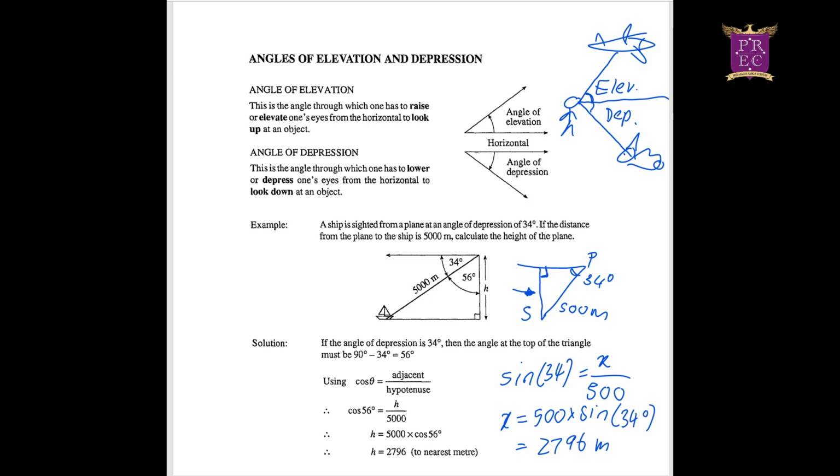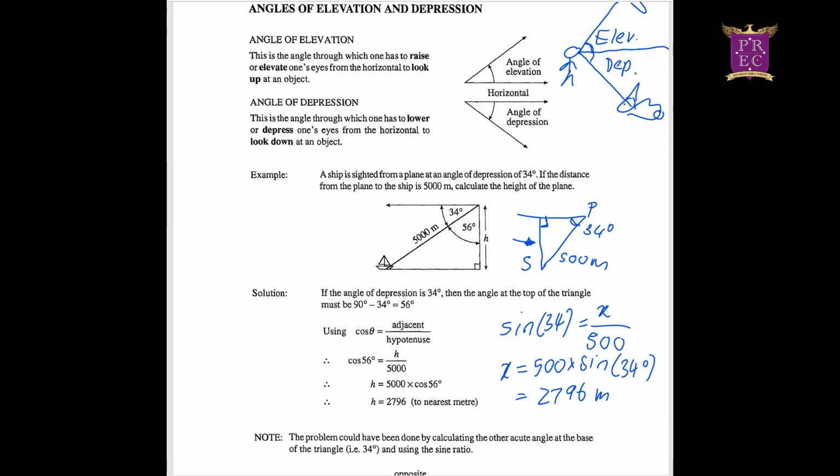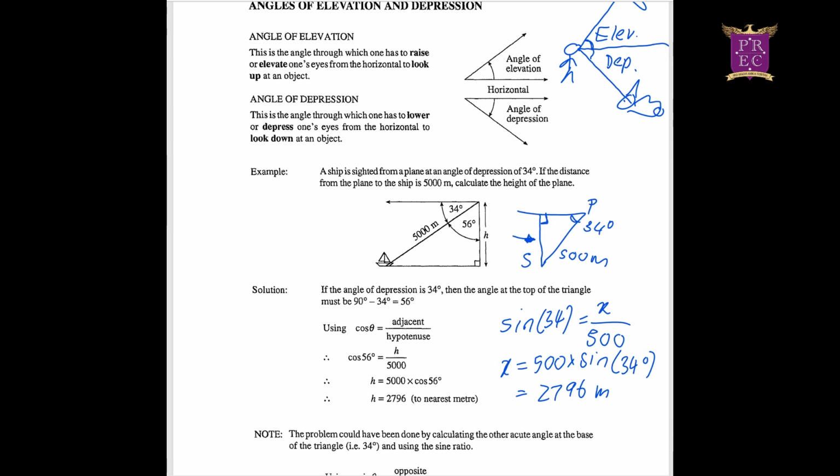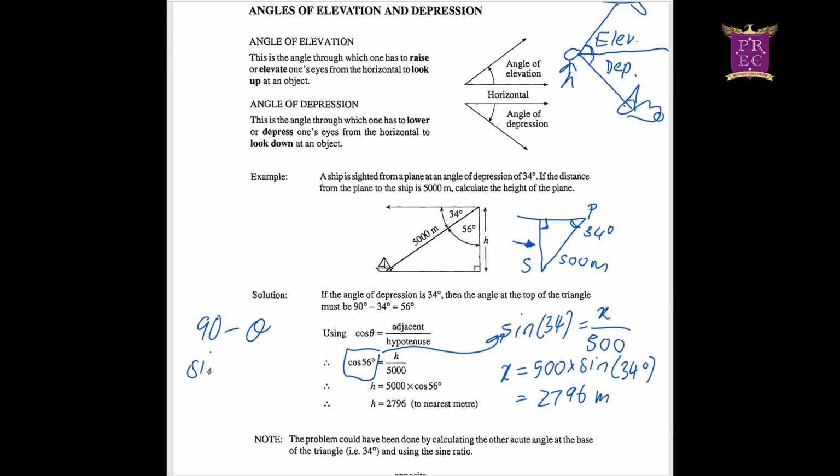Okay, you can do it in a different way. That's how they've done it. You can use cos as well. Cos 56 and sine 34 are the same value, because they're complementary angles. To find the complementary angle, we just take the given angle away from 90. So sine and cos are complementary.